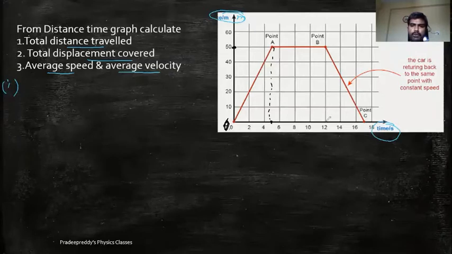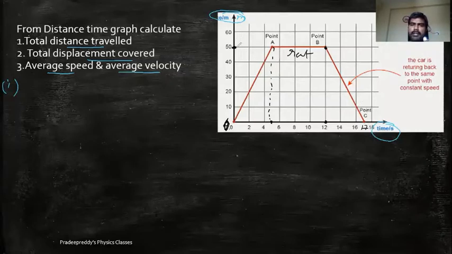And next coming to the 12th second, the body has the same displacement. So that means from 5 second to 12 second, the body is standing at the 50th meter only, it is not moving. So it represents that the body is at rest from A to B. Again, from B to C, that means from the 12th second to the 17th second, the body is traveling in the opposite direction.